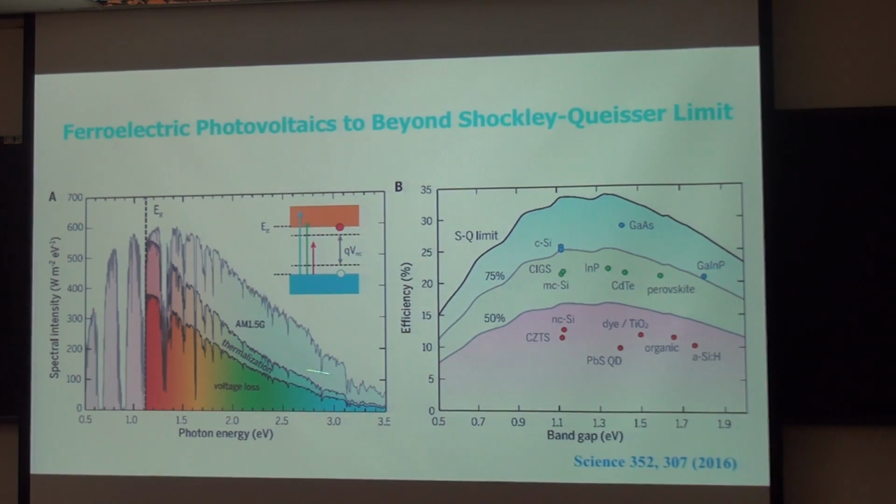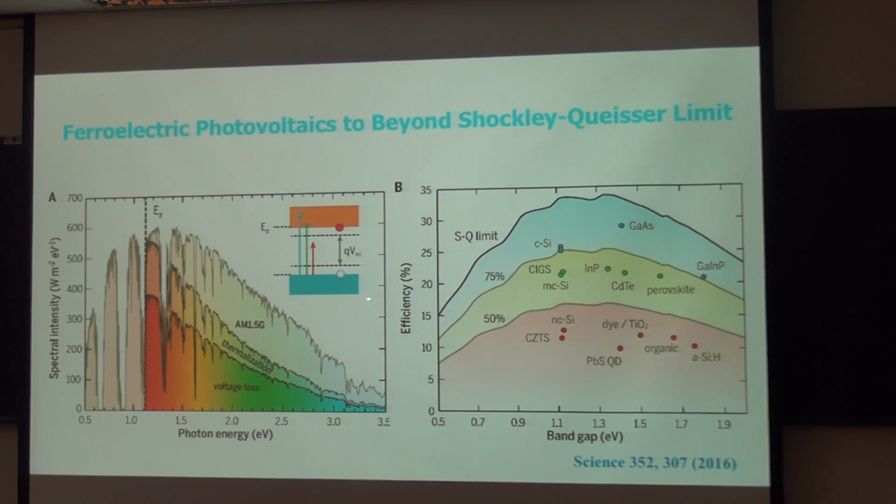As we know, for the energy demand, green energy is very important, and therefore the so-called photovoltaic solar cell has attracted wide and intense interest in condensed matter physics as well as materials science. The solar cell is usually composed of a semiconductor with a band gap of Eg.